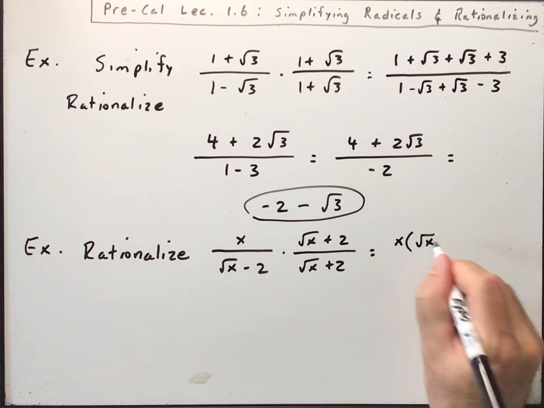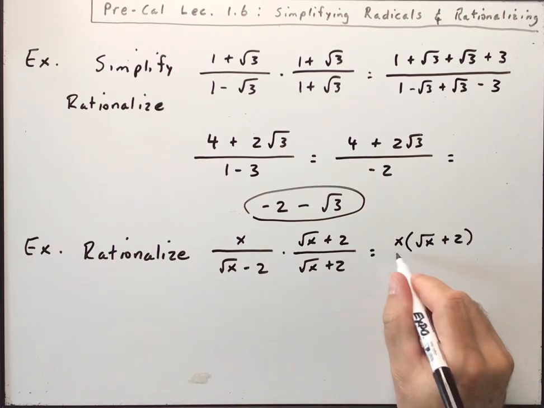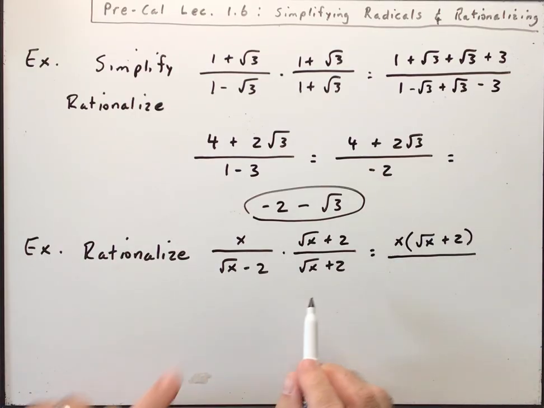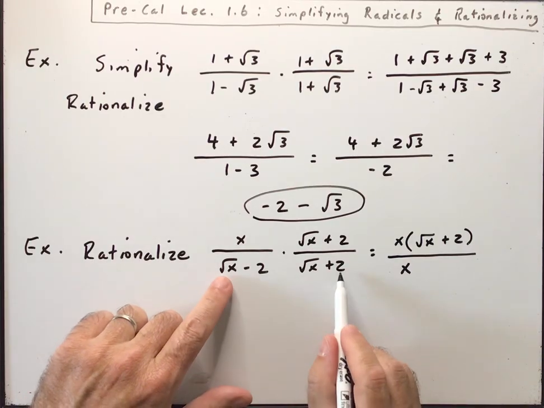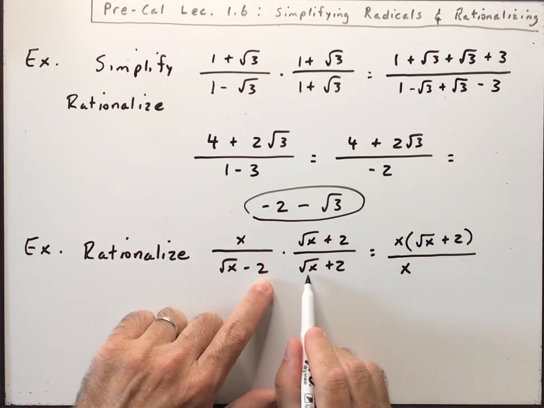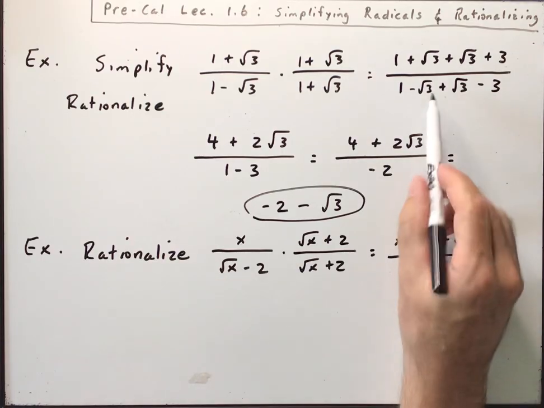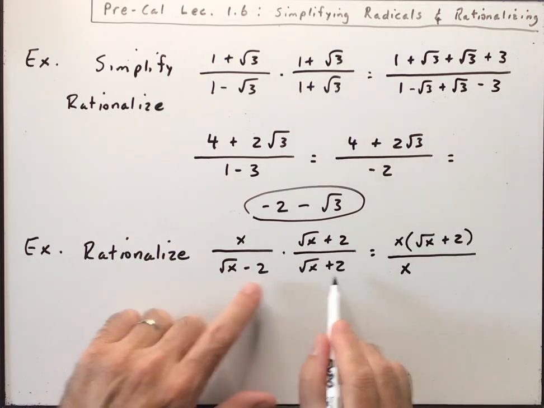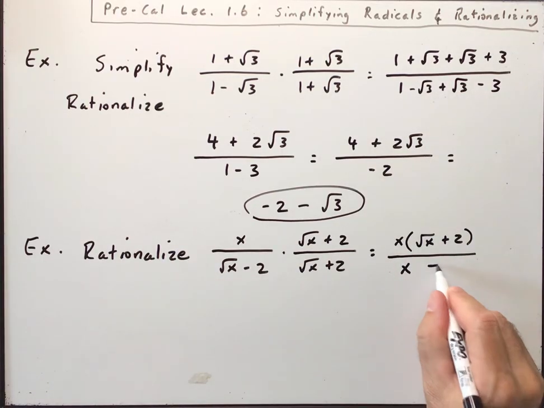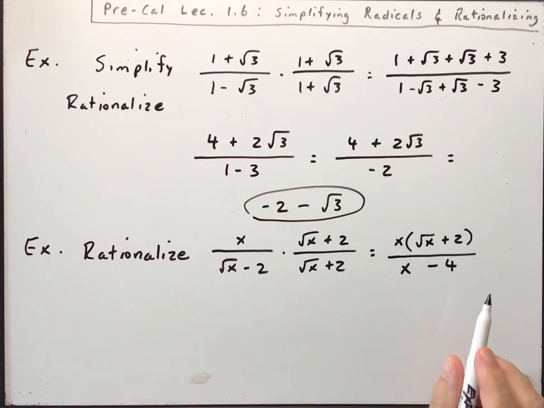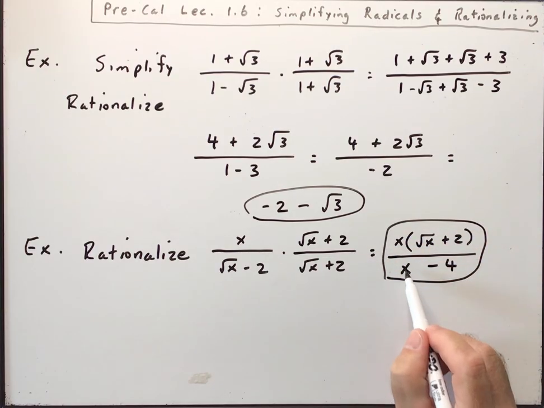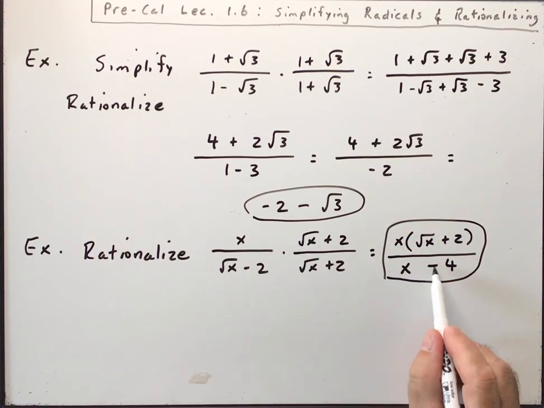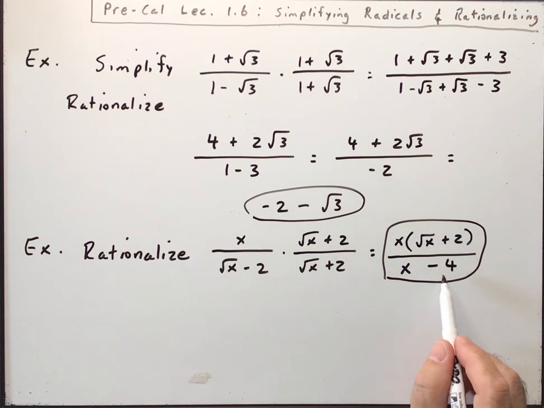So just leave it because something may cancel out. And then we're going to FOIL the bottom. Root x times root x is x. And then you'd have 2 root x minus 2 root x. Those two cancel. So I wrote it out this time, but you can just kind of do it in your head. And then minus 4. And you really can't do any more simplification with that. This is the answer. You cannot cancel out those x's because this x is attached to a negative 4.